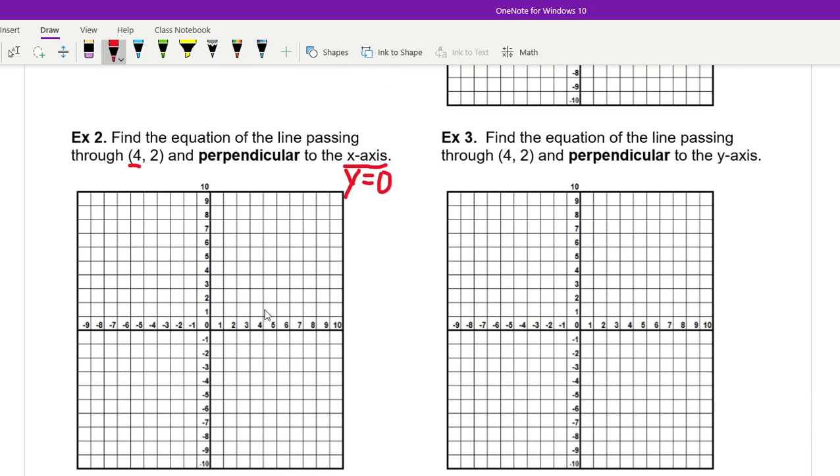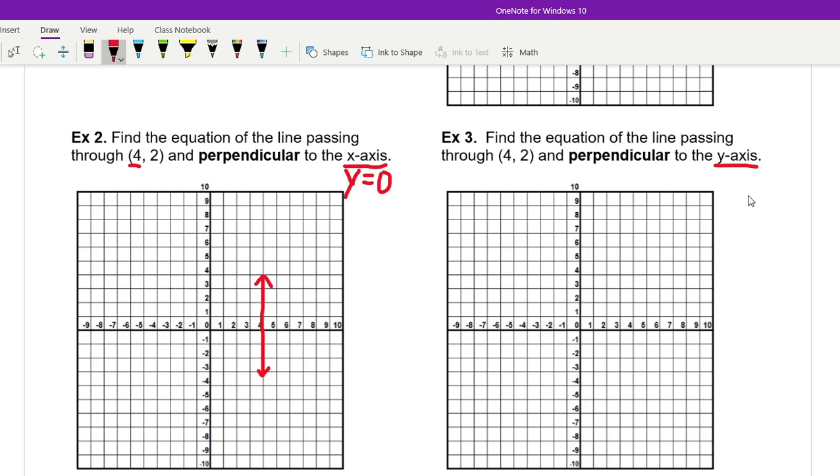Now with this vertical line yet again, we do not have a y-intercept. Since it's perpendicular to the x-axis, that means that it's going to be parallel to our y-axis, which means that they will never cross.